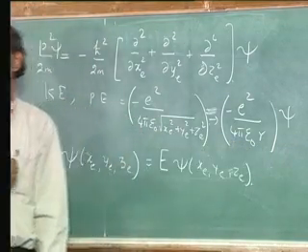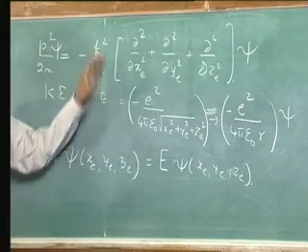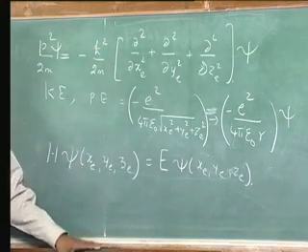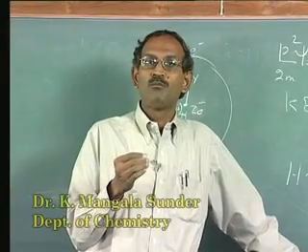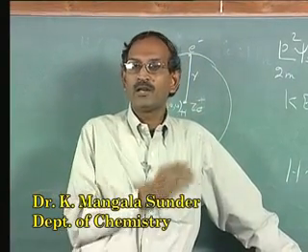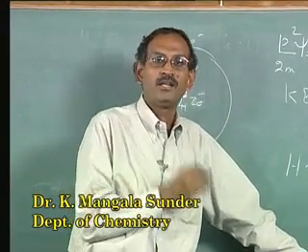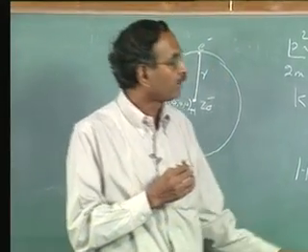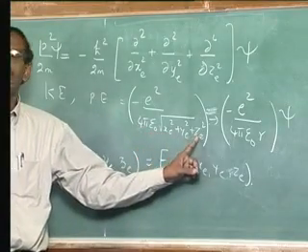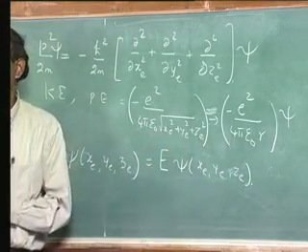Therefore, the solution of this problem is probably more easily accomplished in the spherical polar coordinate system than in the Cartesian coordinate system, because in the Cartesian coordinate system you have a square root involving all the 3 coordinates.